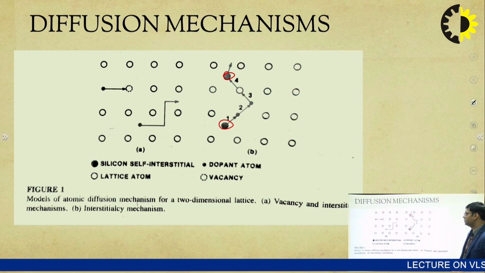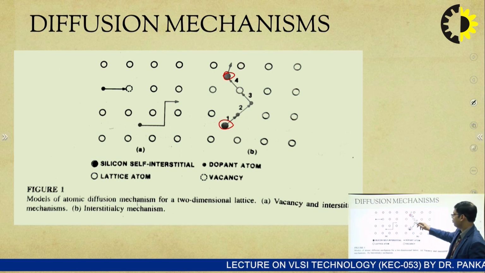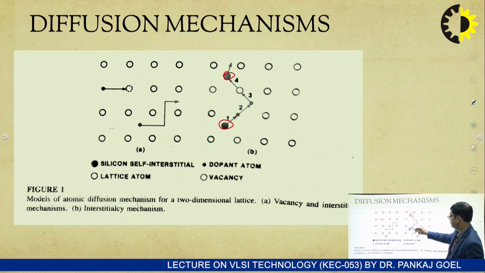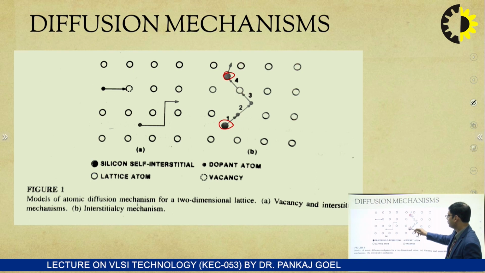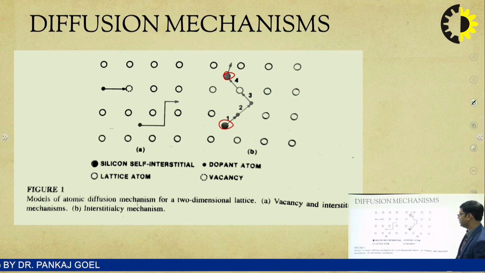It involves the displacement of many other atoms in between. This kind of movement, in which a dopant atom moves from one interstitial position to another involving a number of steps, is known as the interstitialcy diffusion mechanism.